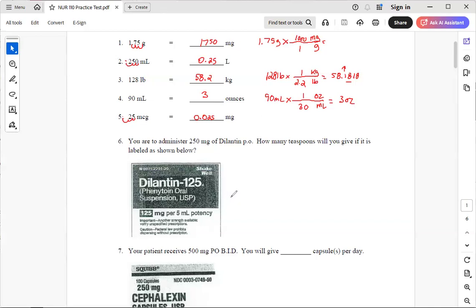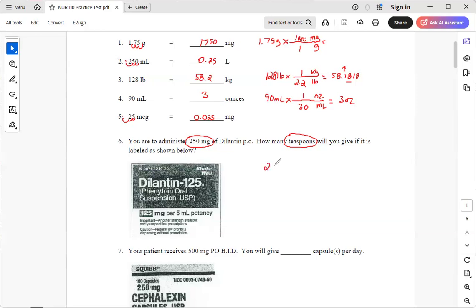All right. We've worked through this a couple different times. As I've mentioned before, a lot of times if you see this label, just pay attention to the order and pay attention if they're asking you for teaspoons or tablespoons. So 250 milligrams Dilantin by mouth. How many teaspoons will you give?